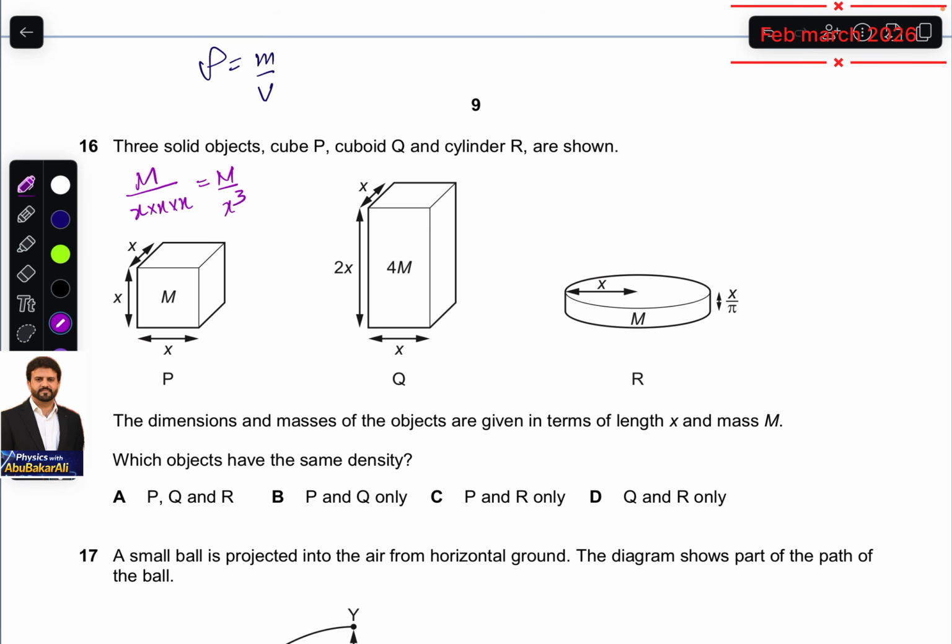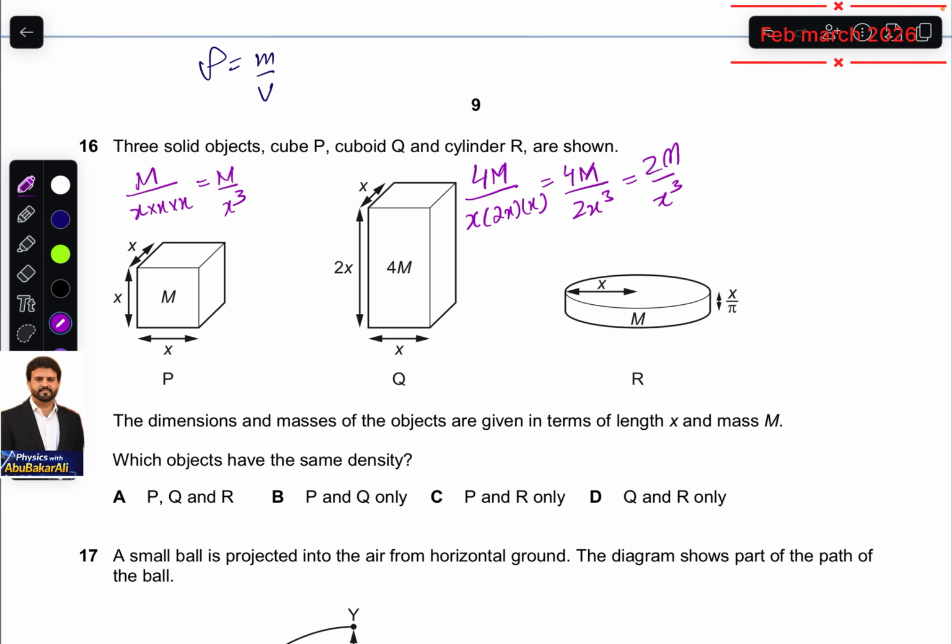So this is the density. For this one, mass is 4m and volume is x multiplied by 2x multiplied by x, so that is 4m divided by 2x cubed, which gives you 2m over x cubed.